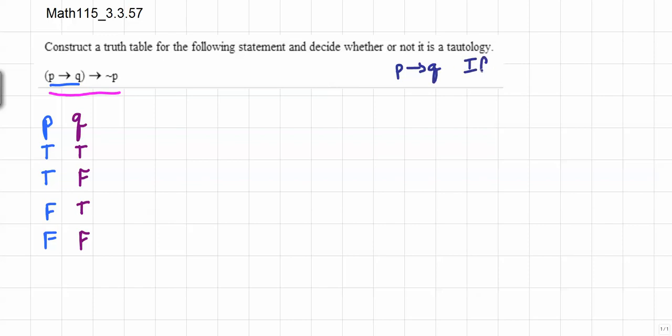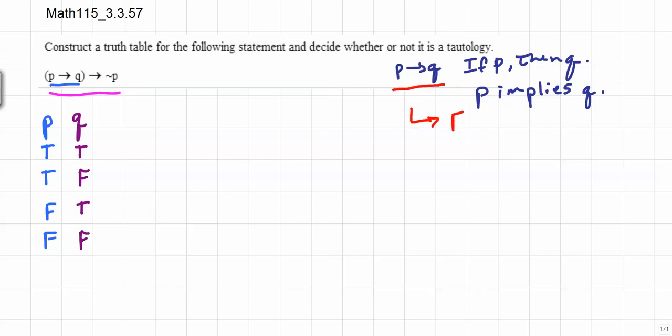If P, then Q, or I could simply write P implies Q. The only time that this statement is going to be false is when P is true and Q is false.